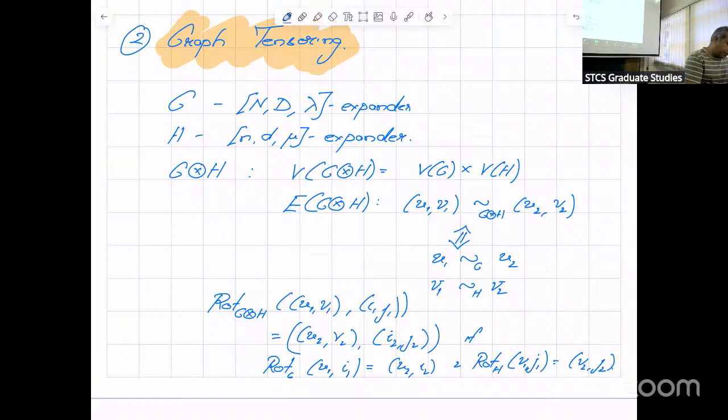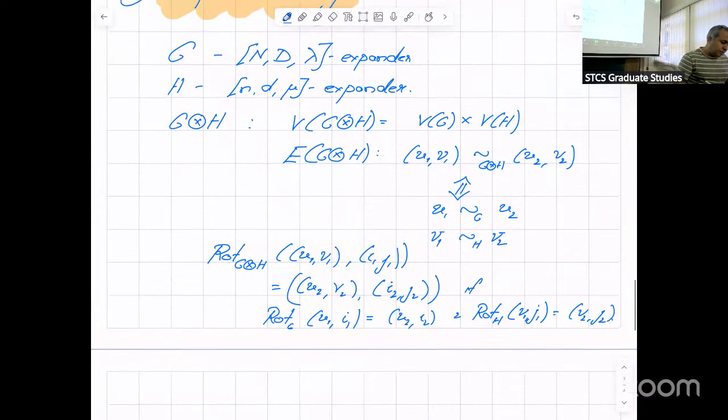Okay. This is certainly building a larger graph. You could tensor the same graph with itself, building a larger graph.